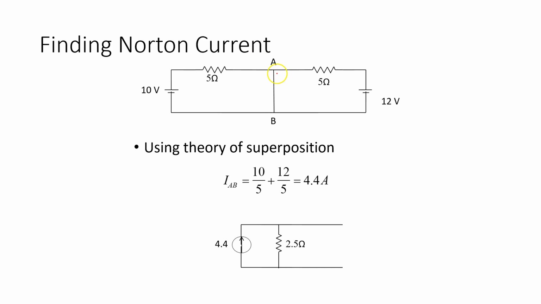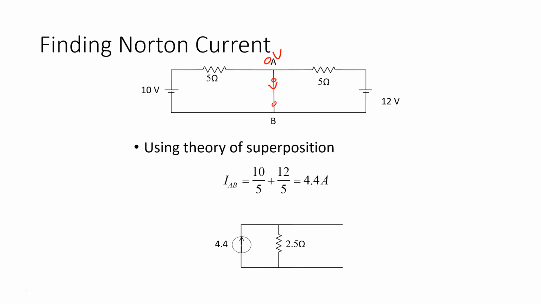And to find the current, this is where it differs from the Thevenin equivalent. For the Thevenin equivalent, I would have open circuited these terminals. Now I short circuit them, and instead of finding the voltage, I find the current. Obviously the voltage across the short circuit is 0. So I'm going to use the theory of superposition again. I want to find the current going down.